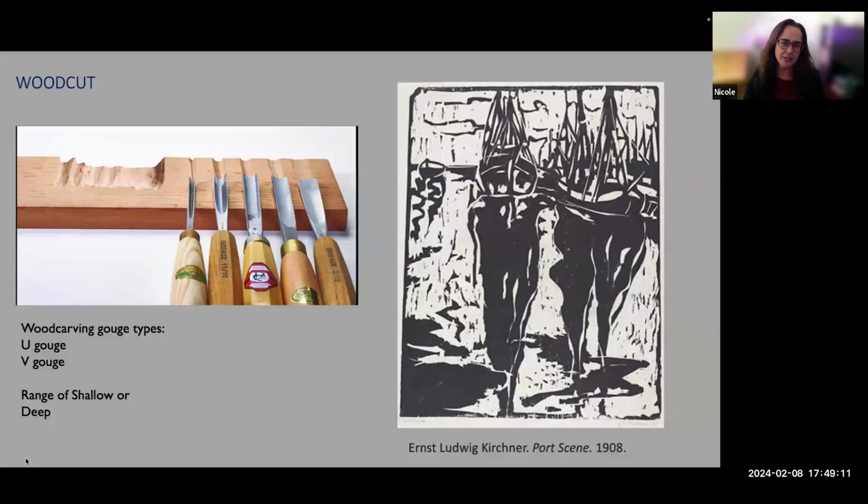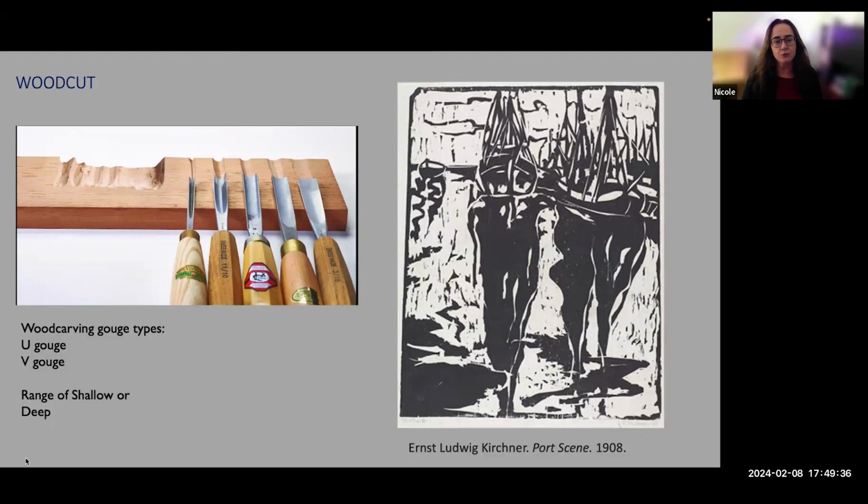To help understand that a little more, we're looking at some examples of wood carving gouge types. There are ones that look like a U, there are ones that look like a V, there are ones for detail work, and there are ones for larger areas of removing the material. Some go shallow and some go deep, but the artist can also affect this by the angle with which they hold the gouge.